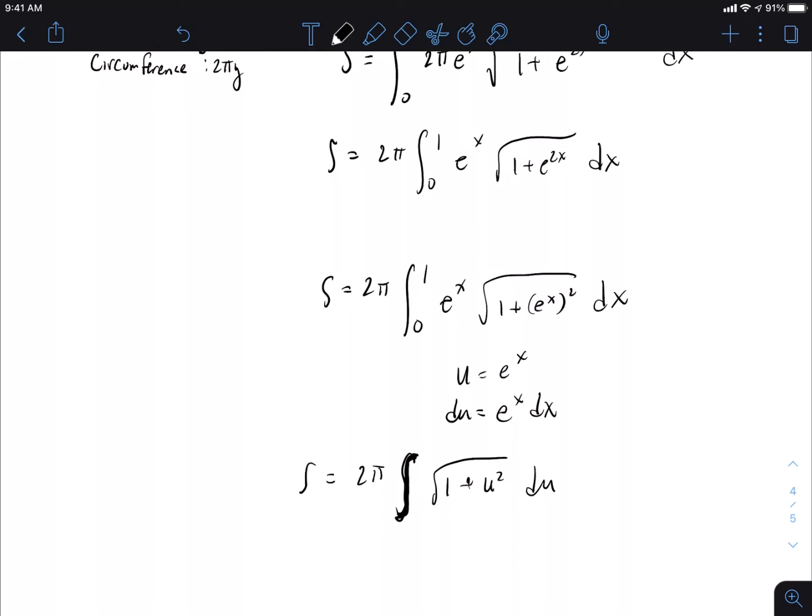Now, root of 1 plus u squared, how would I attack this integral? What would you do, my friends?